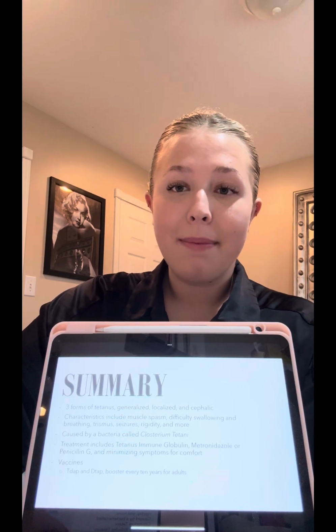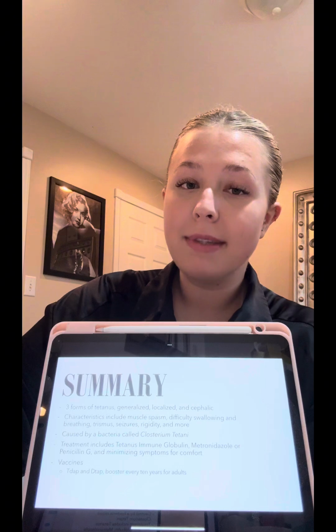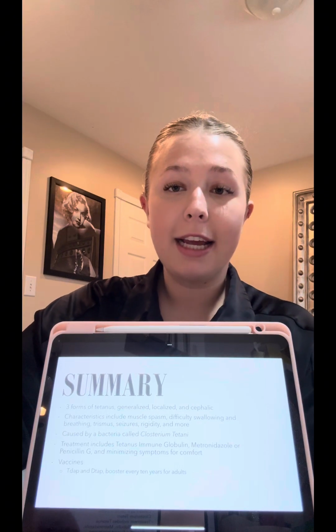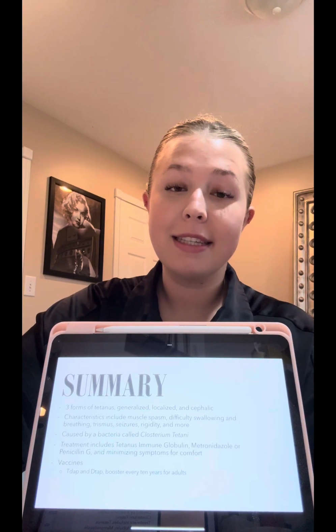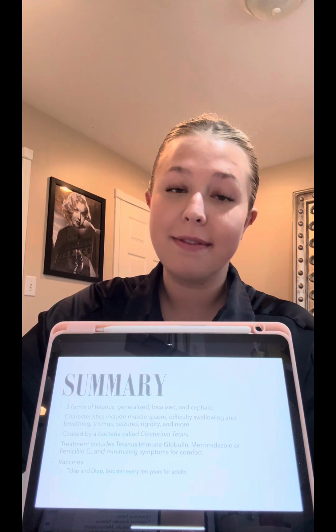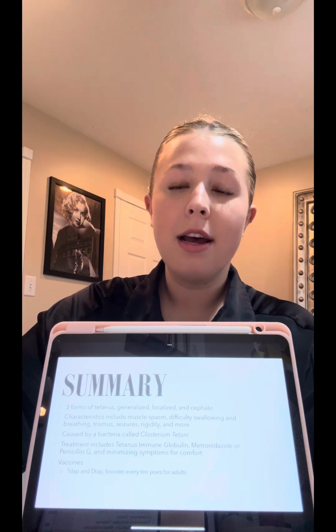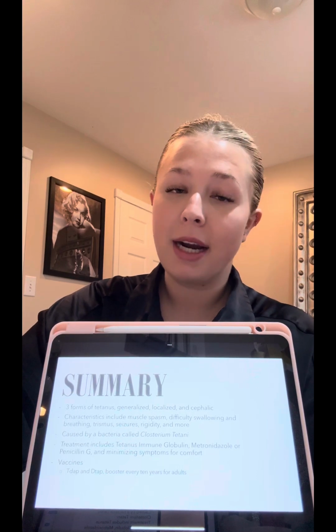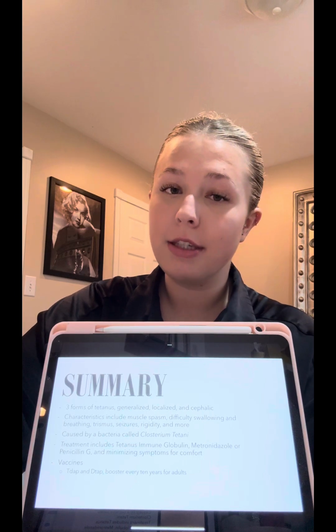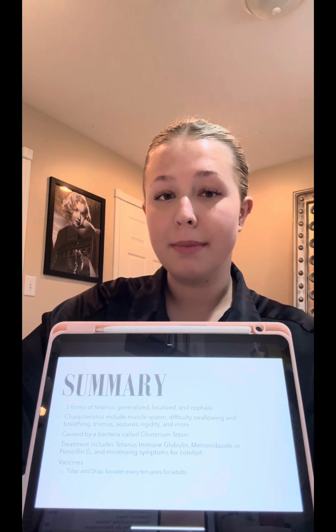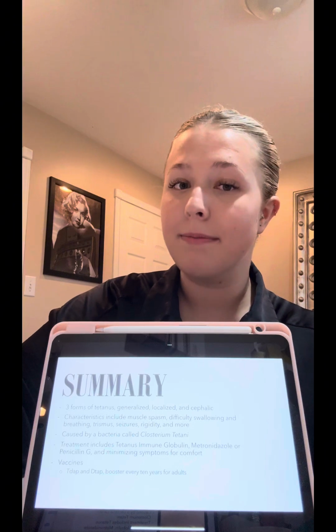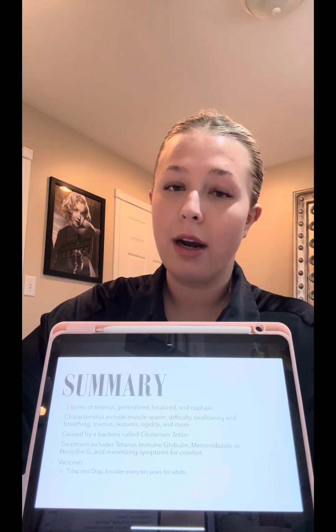Tetanus is caused by a bacteria called Clostridium tetani, and treatment for tetanus is immediate administration of tetanus immune globulin, followed up with metronidazole or parenteral penicillin G for an alternative treatment if one were not able to receive metronidazole, and minimizing symptoms for comfort.